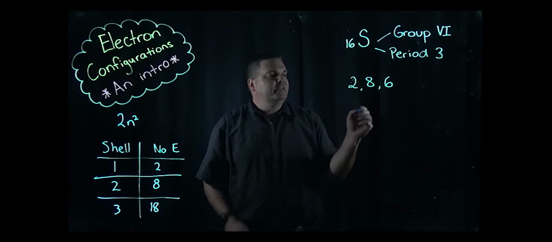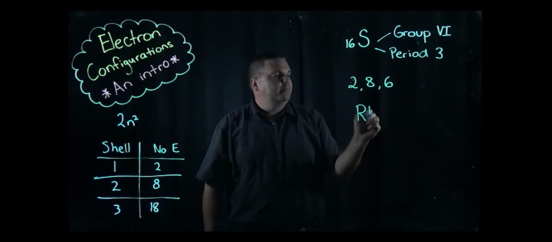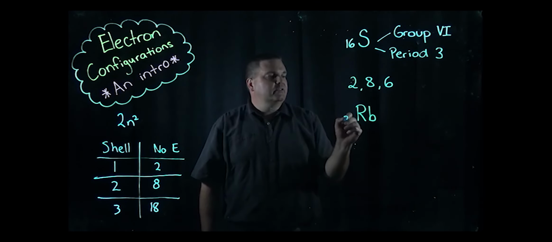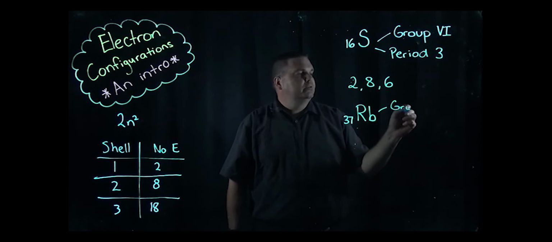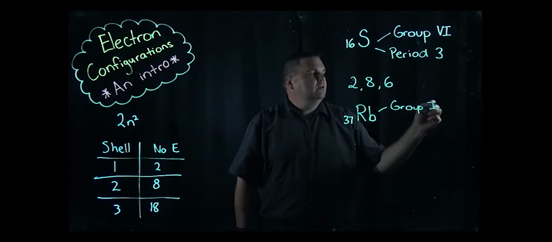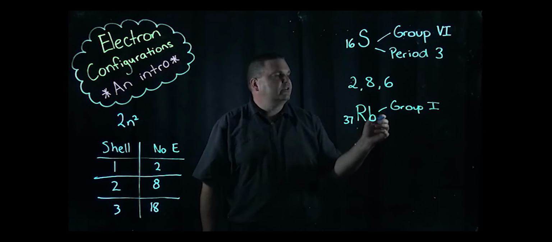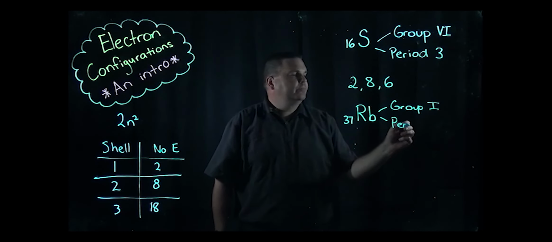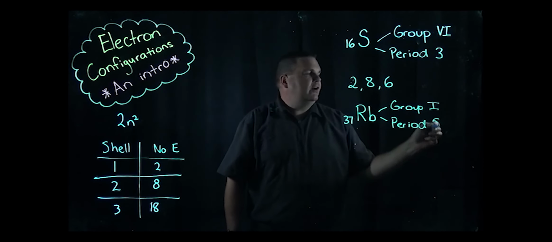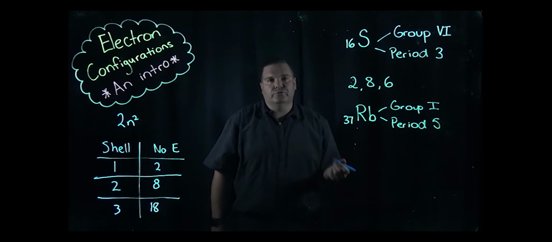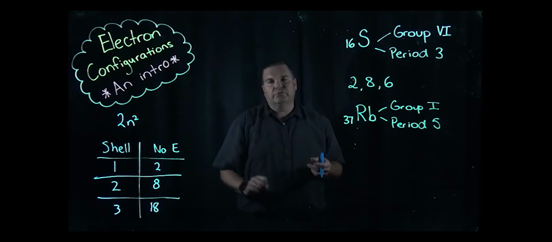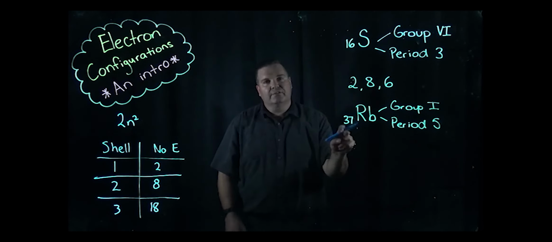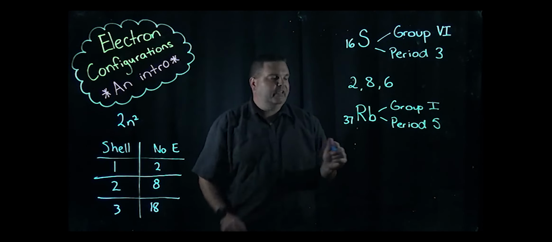Let's look at another one: rubidium. Rubidium is Rb, atomic number 37. It's in group 1, which tells us there's 1 electron in the outer shell, and it's in period 5, which tells us that there are 5 electron shells. As we go through the shells, we're going to try and get it to equal 37 with 5 electron shells and 1 in the outer shell.